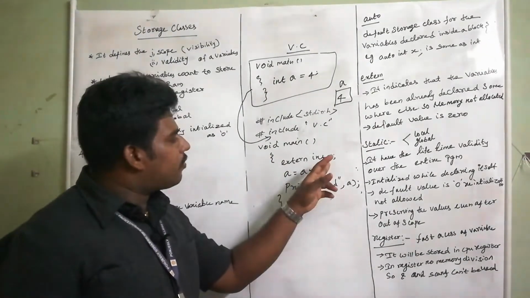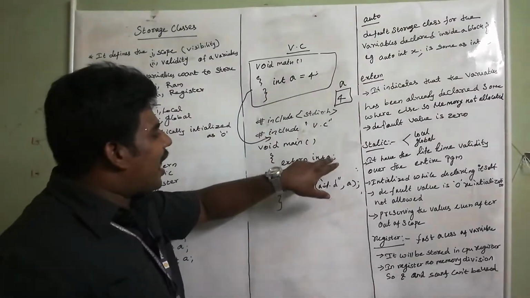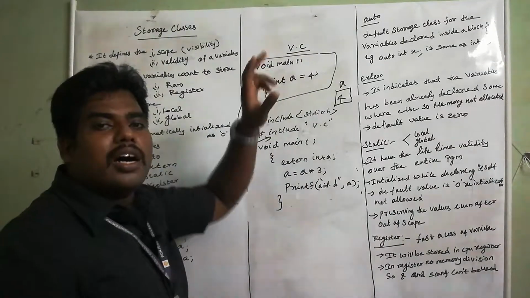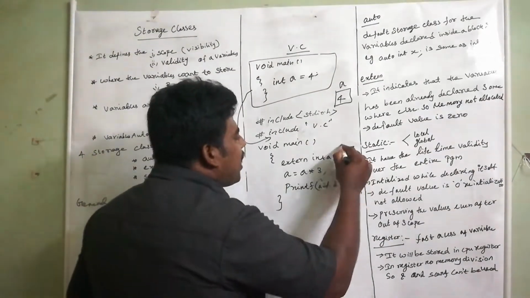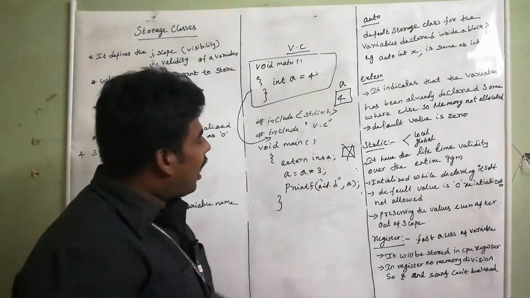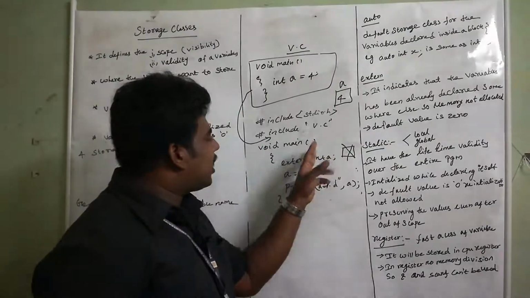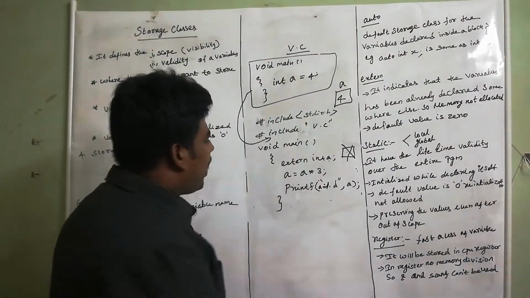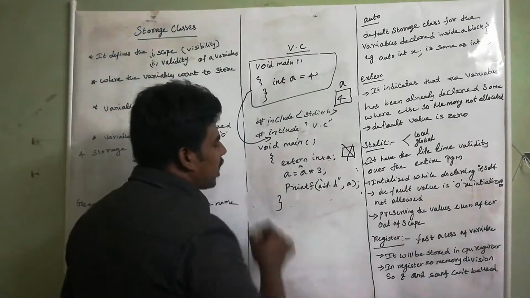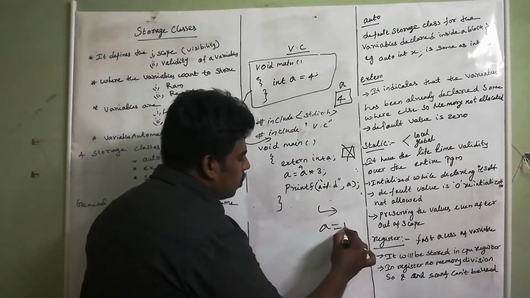What's the meaning of this? Extern denotes that a was already declared somewhere. So memory should not be allocated here, because it was already allocated there. That's the meaning. Now what's the value of a? 4 into 3, so you will get the output a = 12.